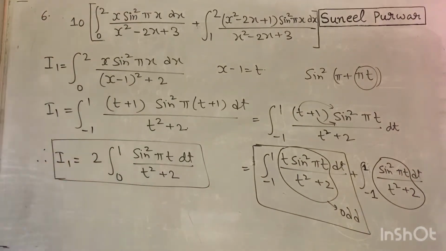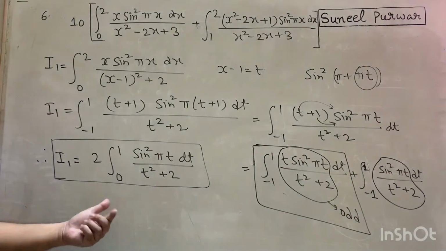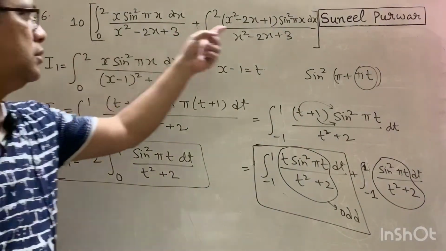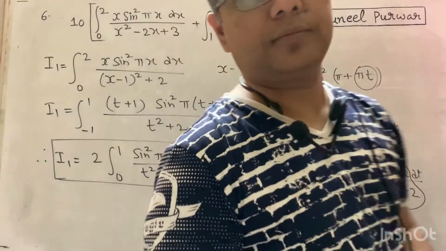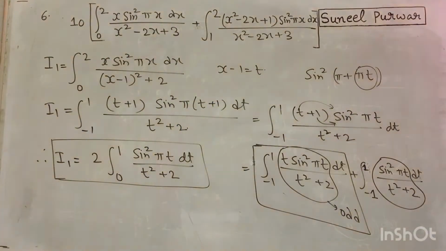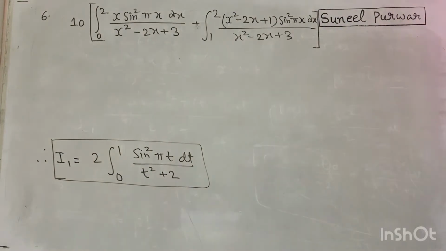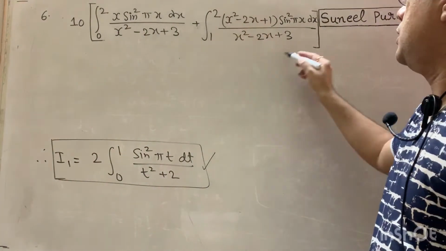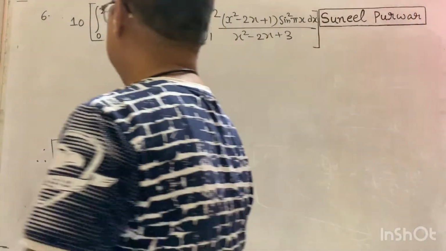In a similar way, we will work out I2 and then we will attempt to find the final value of this square bracket. So this was our I1. Now let's simplify I2 in a similar way.